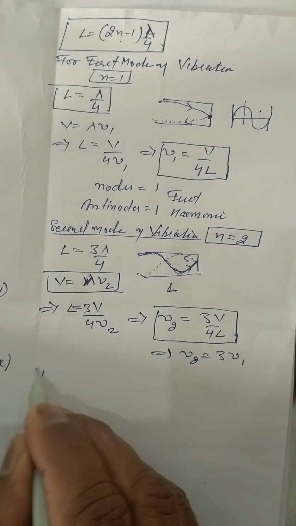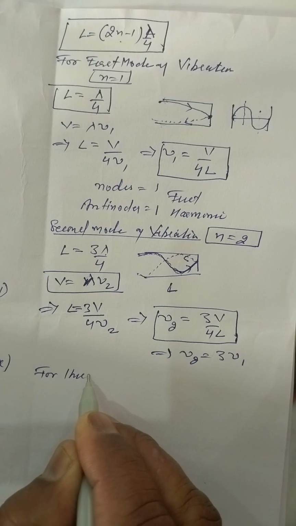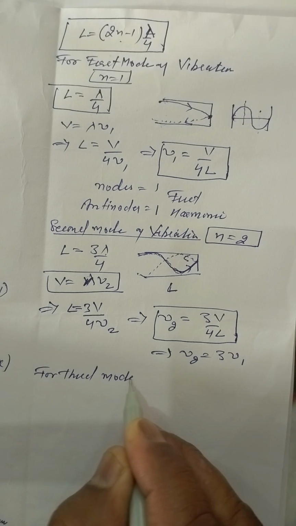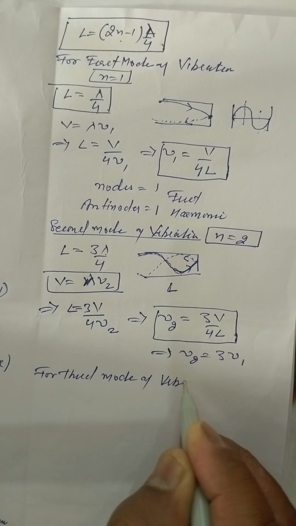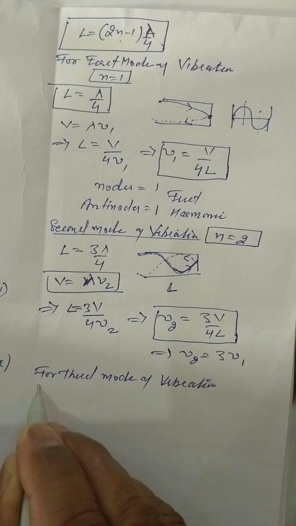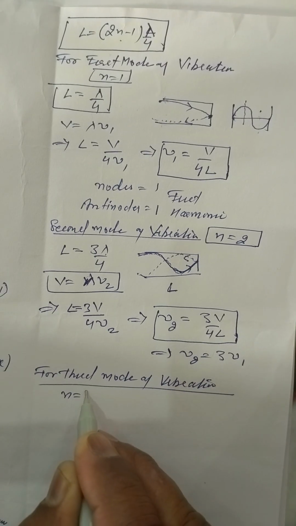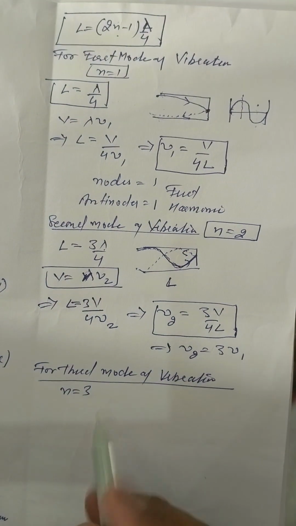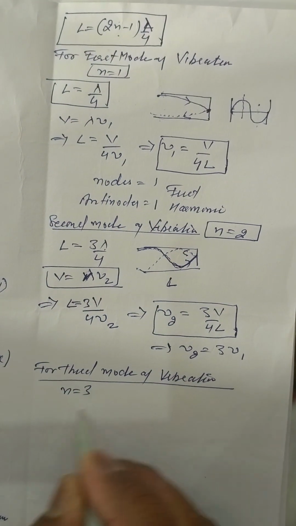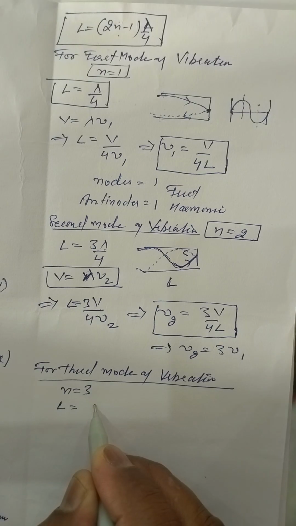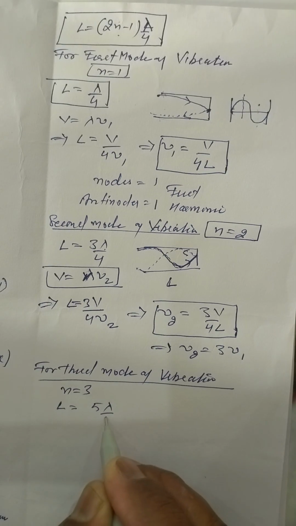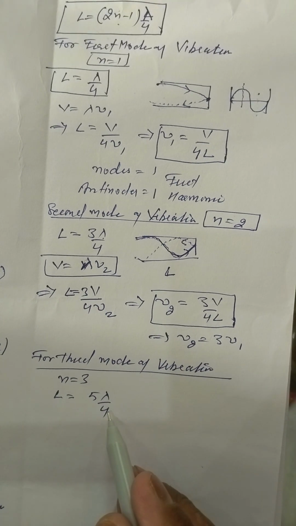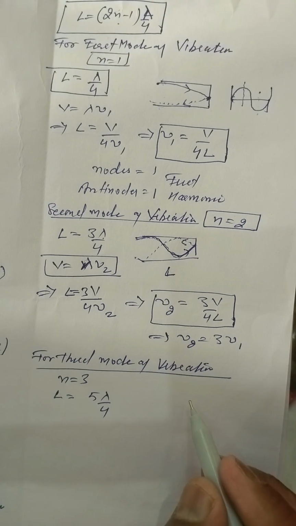So for the third mode of vibration, here we will put n is equal to 3. We will find here that L is equal to 5 lambda upon 4, so that means 1.25. Now it is very much clear.